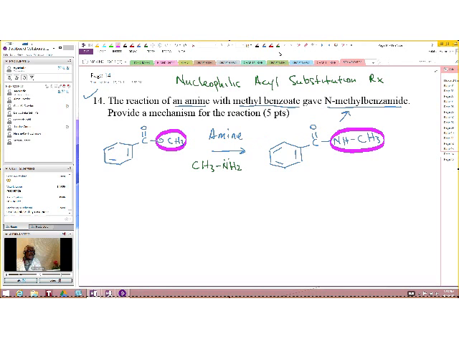Let me erase this so I give myself some space, keeping in mind this is where we want to go. We want to go from here to here.